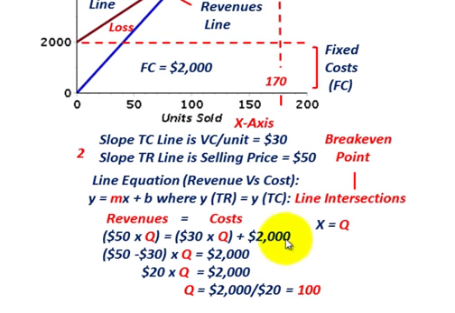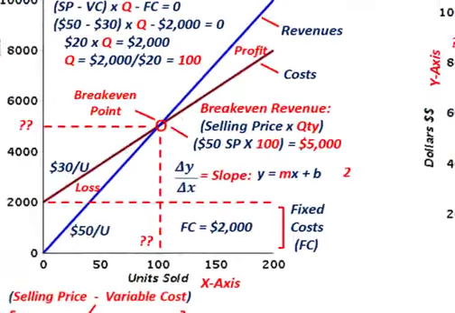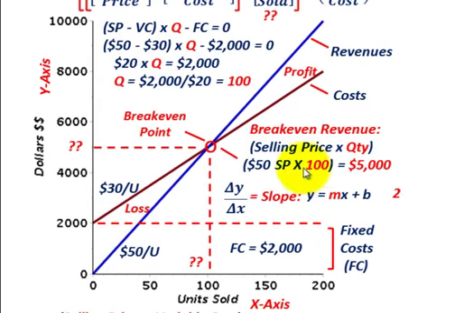So in this equation, this X amount in our line equation really equates to our Q amount, or the quantity that we had to solve for. So for our break-even point, this is where we looked at those line intersections. That's based on the line equation itself. Now let's go up again.